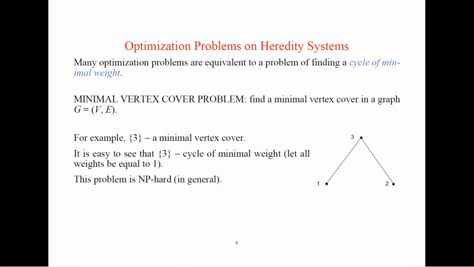We can say that the weights of all vertices are equal to 1. So that's why we can find the circuit of minimal weight. And in general, as you know, this problem is NP-hard.